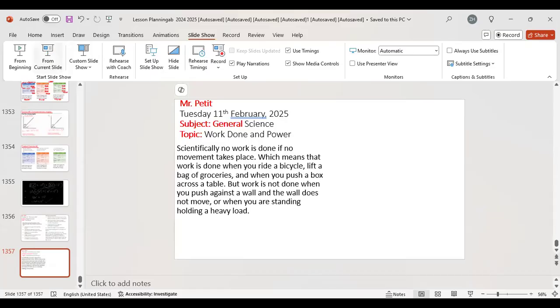So the formula for work done is the following.